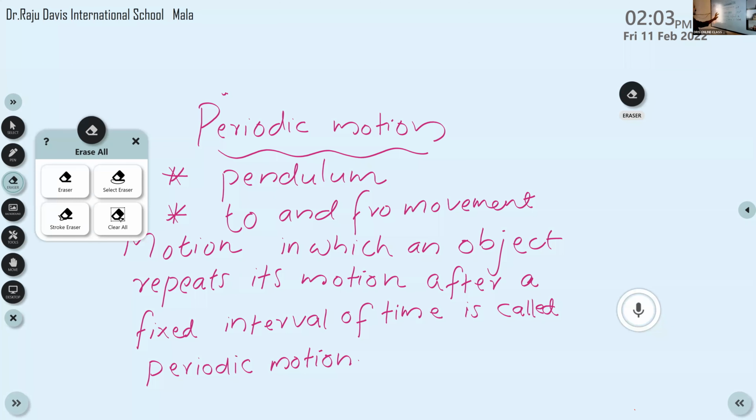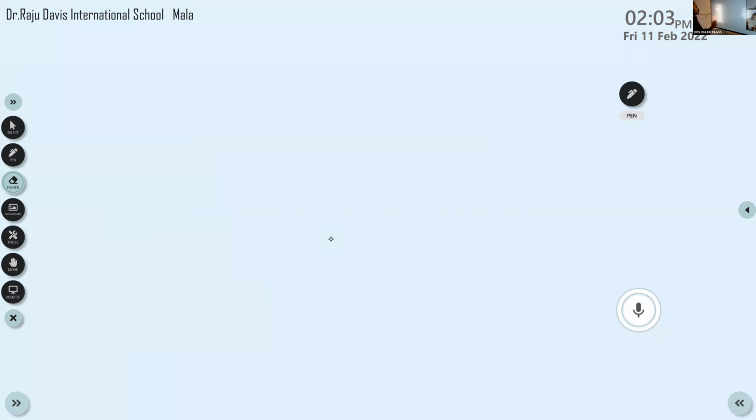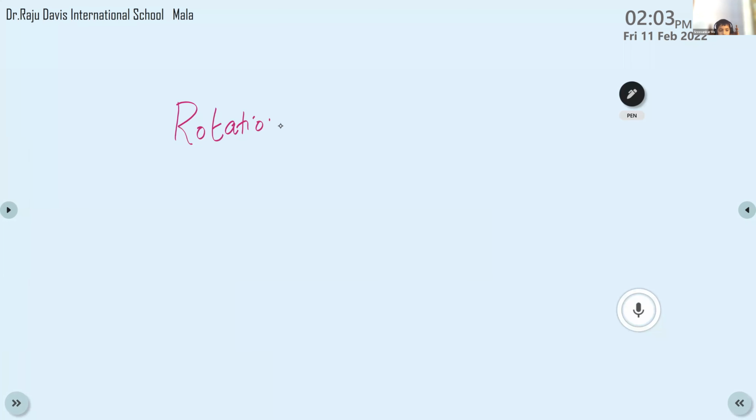The last motion is rotational motion. See rotational motion here.